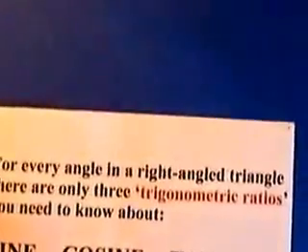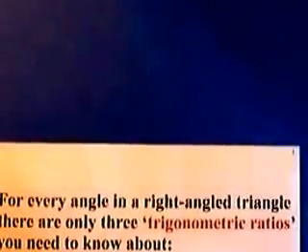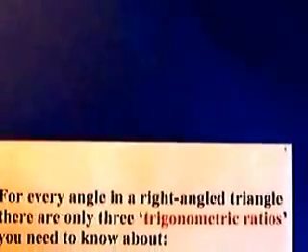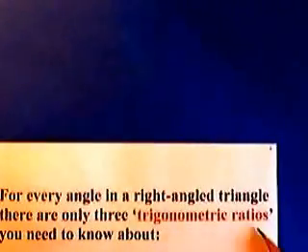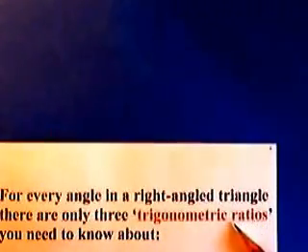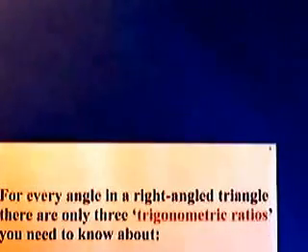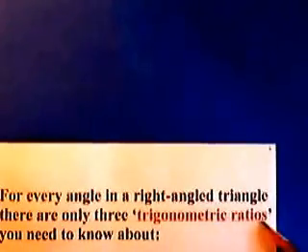Now, for every right angle triangle, there are only 3 trigonometric ratios you need to know about. Now this word ratios really means a division. It's a division between 2 lengths, and these lengths are the lengths of sides in the right angle triangle.